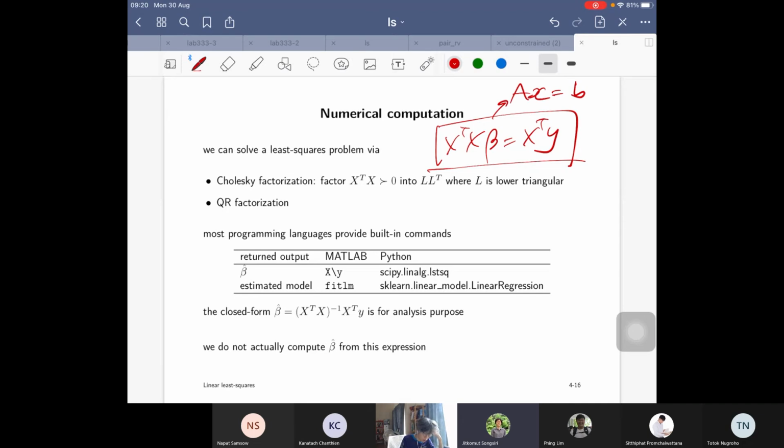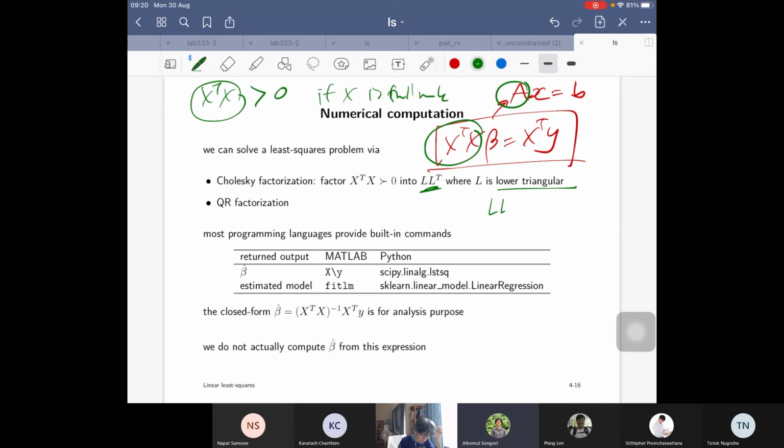When you solve the normal equations, your X transpose X, which is the matrix A here, is a positive definite matrix if X is full rank. So one way is to factorize X transpose X into the Cholesky factor L L transpose, and the Cholesky factor has the property that it is lower triangular.